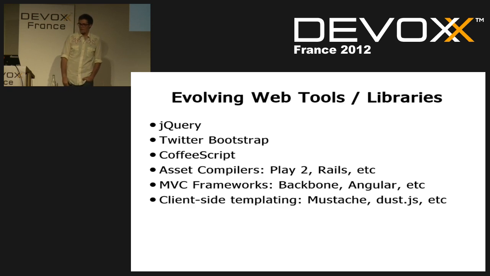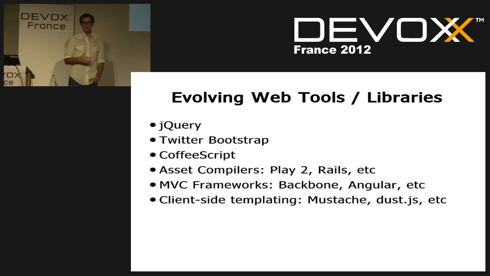Check them out. And then, like MVC frameworks are moving from the server side to the client side, templating is also moving from the server side to the client side. So we're going from JSPs, and Play has Scala templates and had Groovy templates. We're going from that to actually writing those templates on the client side and running them through JavaScript to actually use the templates.